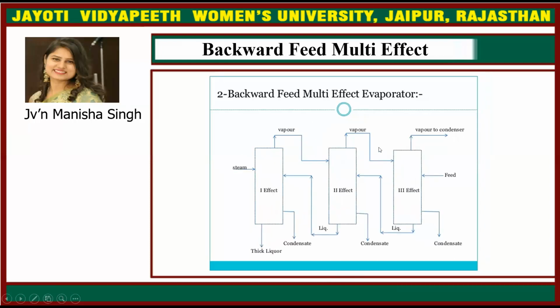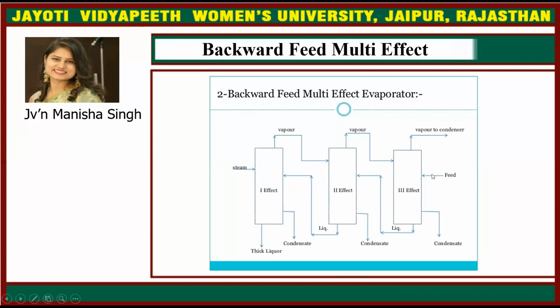Then the backward feed multi-effect evaporator. As the name indicates, the feed direction is backward and the steam is from this side. Basically, there is a counter current flow of the feed and the steam. The steam is in the first effect. The temperature of the first effect is very high, and the vapors from the first effect are the heating source of the second effect, and vapors from the second effect are the heating source of the third effect.